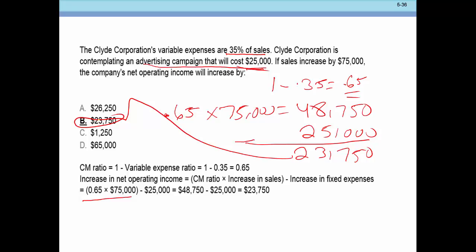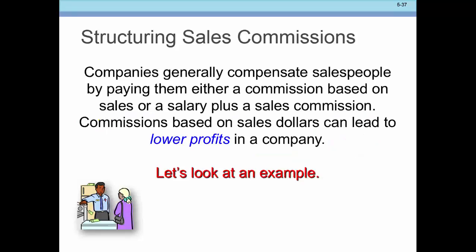Okay, good. Come over and let's take a look at this notion of sales commissions. I'm going to have to start learning how to dance or sing or something. I'm always anticipating more questions about this, and you guys don't have them, and we're going to get out early again.